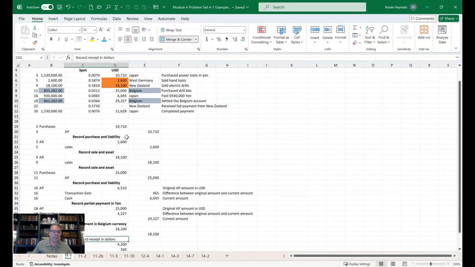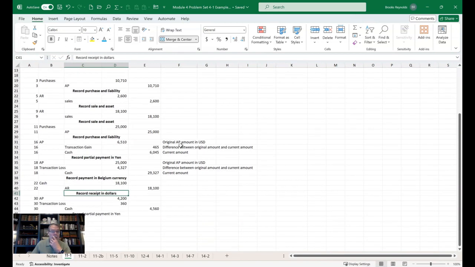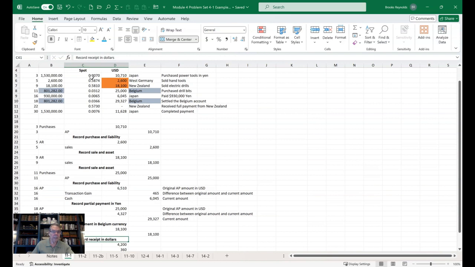The 1810, again, they owed us in dollars, so they're going to have to pay us in dollars, so that's really not an issue. It is for them. All right, and then we're going to finish paying off the yen. So at the time, we had 10,710. We reduced the AP balance by this 6510.